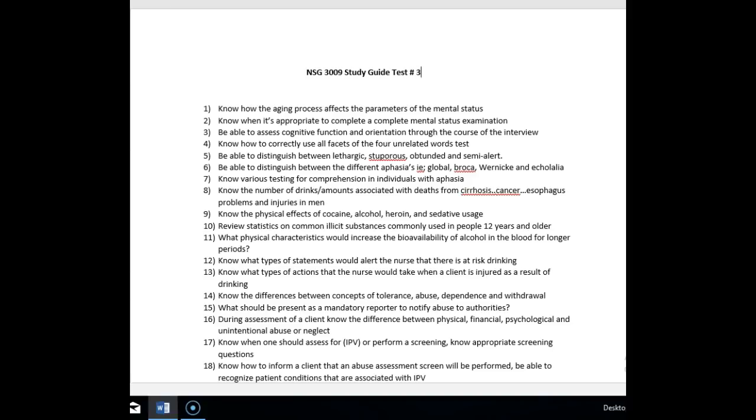Speech is usually fluent and effortless and well articulated, but it has many paraphasias in it, so they may have word substitutions or made up words and that type of thing.